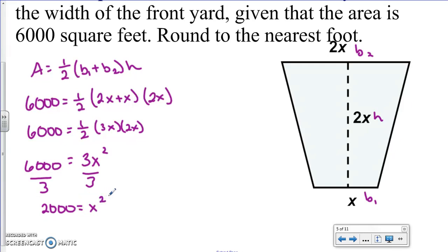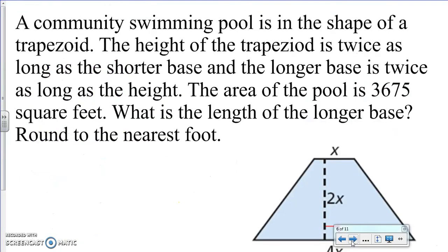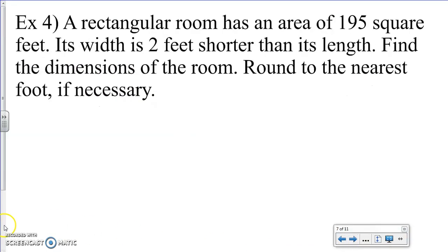And we're going to take the square root of 2,000 to get about, if I round to the nearest foot, 45 feet. So remember, we're going to eliminate the negative one, since we can't have a negative length, so we get 45 feet for an answer. Go ahead and try the next one, and then we will go through example 4.